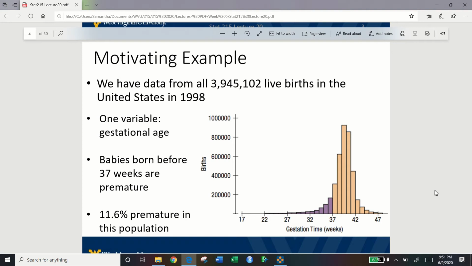Second, we have babies born before 37 weeks. This was highlighted in purple, the rest in kind of a yellow gold color. Using that information, we can see that 11.6% of the babies were born premature in this population.